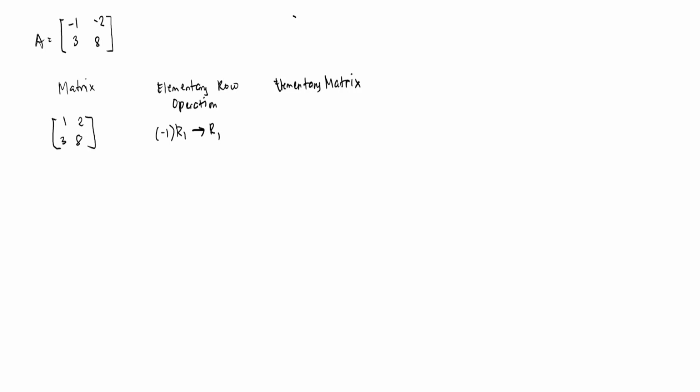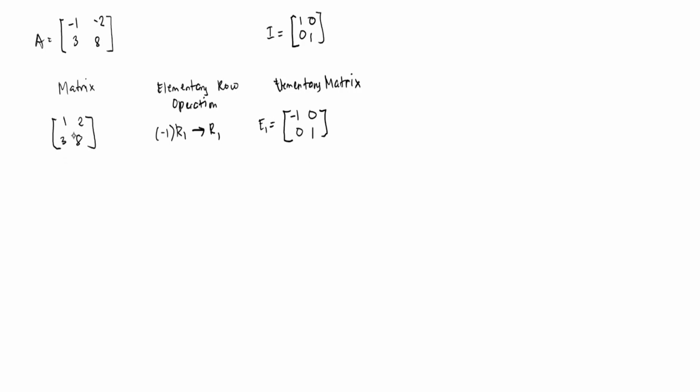Note the identity matrix of order 2, we have 1, 0, 0, 1. The corresponding elementary matrix, let us call this E sub 1, we just apply this to the identity matrix. Therefore, we have negative 1, 0, 0, 1.